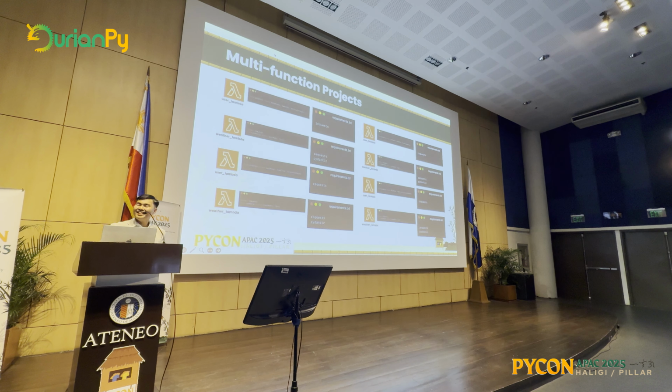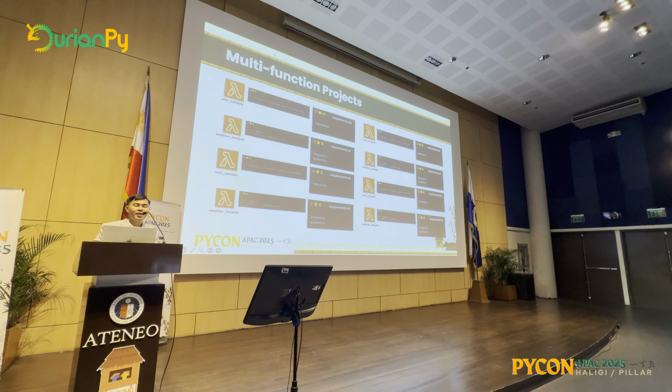However, there's an issue when you're dealing with dozens of Lambda functions needing their own requirements files. You have to manage the requirements for each requirements file. Sometimes you forget, and sometimes you're shocked: oh, why doesn't this work? Oh, I just forgot to put this requirement in the file. So you really have to rely on human memory for this, which is not a fun way to handle our dependencies.